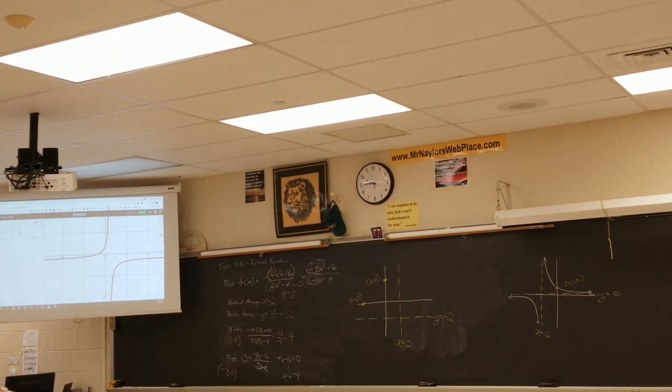But what I hope is that you're looking at that and saying, that fits perfectly into these behaviors. I didn't really scale it as well as I should have, but that fits in nicely. It's approaching the asymptotes. And then I have this branch down here that's doing the same thing.